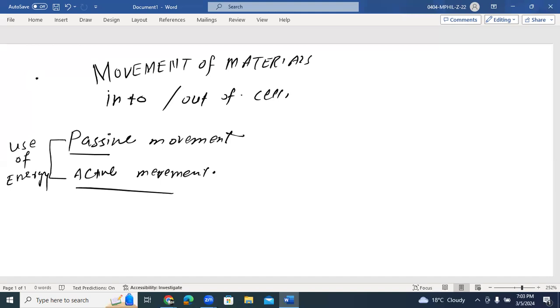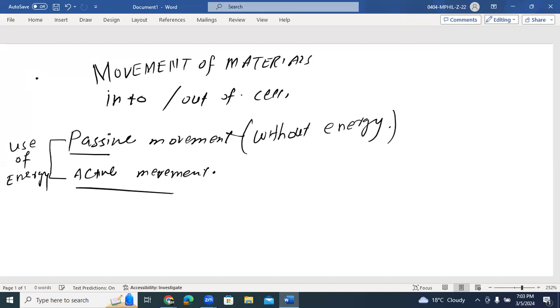Use of energy is the core concept in all this. So passive movement is that movement which is without the expense of energy.